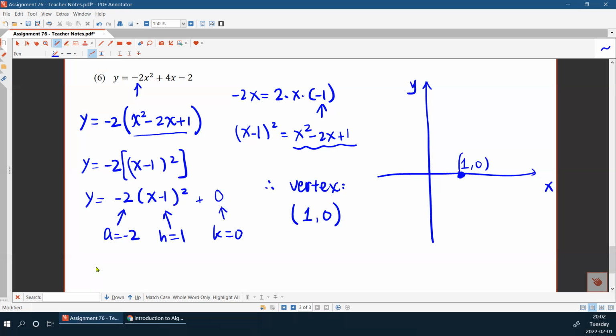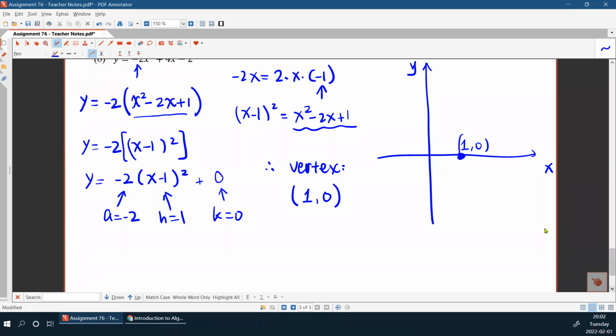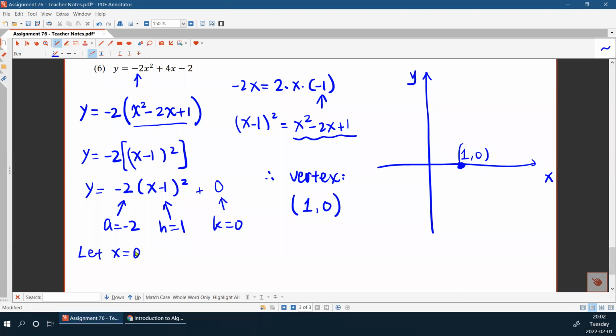Okay, second step is to find its y-intercept. That means let x be 0. If x is 0, let's put it in the original expression. y is -2. Therefore, the y-intercept is (0, -2), right?